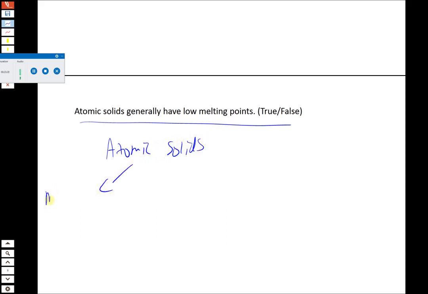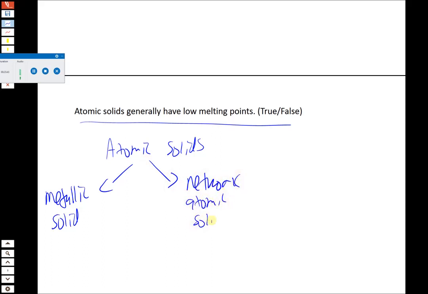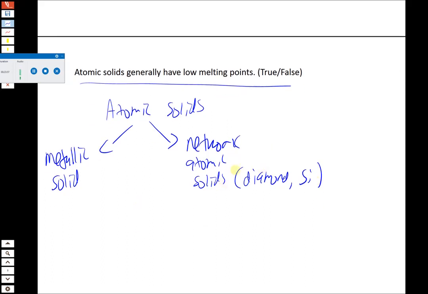We have metallic solids, so basically every metal in the periodic table for the most part is a metallic solid. And then we also have network atomic solids. So these are going to be nonmetals that adopt also sort of 3-dimensional structures. So network atomic solids are things like diamond, silicon, mainly those group 4 elements, carbon, silicon, germanium, that occupy this type of arrangement.